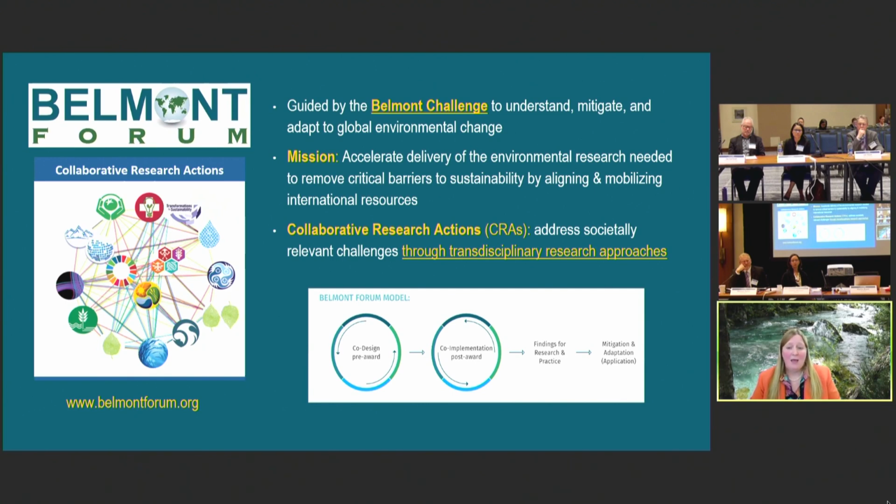Stakeholders can be anyone relevant to the project being proposed, meaning government organizations, NGOs, community groups, anybody that needs to utilize this information in order for decision making.